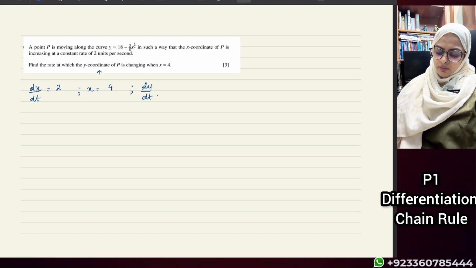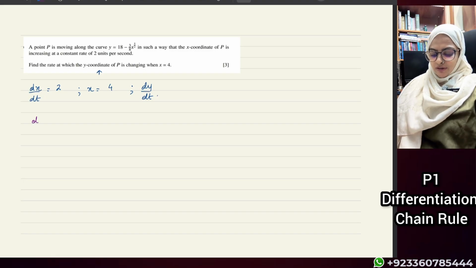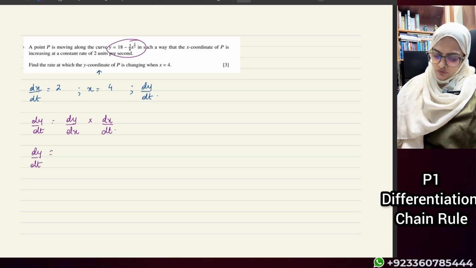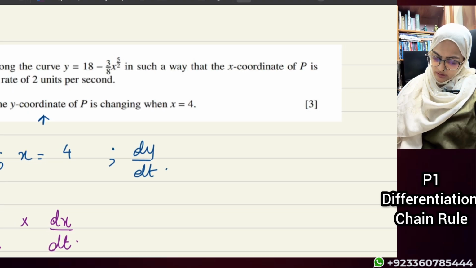So we are going to put dy by dt on the extreme left. So we write dy by dt is equals to dy by dx into dx by dt. Dy by dt we have to find out. Dy by dx is the differential of this one. What is this? 18.